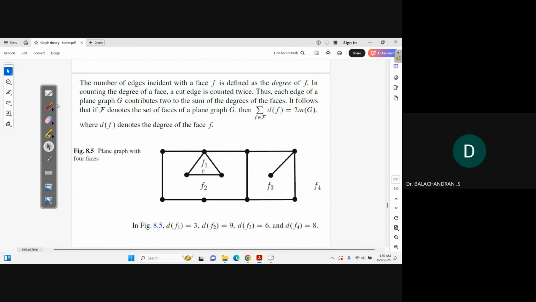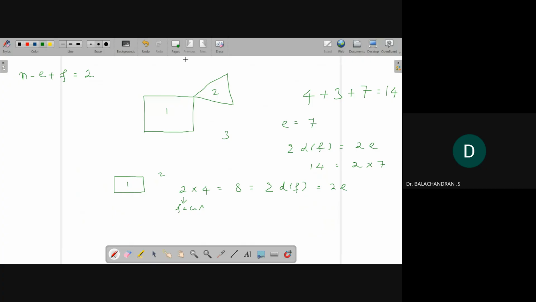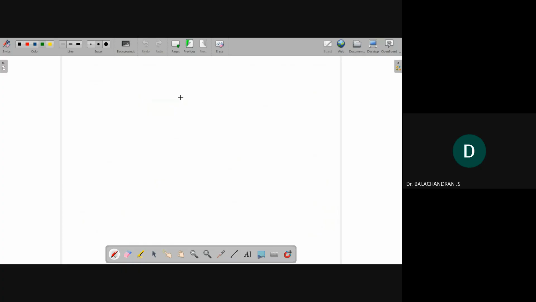So what do you mean by a cut edge? Actually, this edge is called a cut edge because if I remove this edge, the graph is disconnected. A cut edge is an edge such that if you remove it, the graph is disconnected.